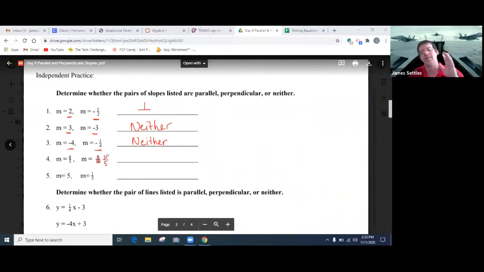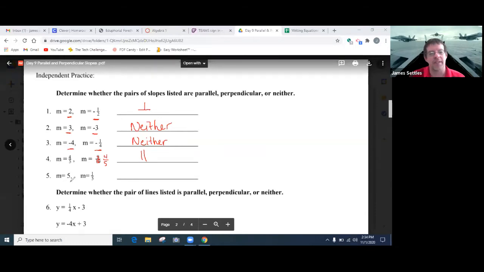They'll never, at least not in Algebra 1, try to trick you like they did on this question. They'll always put 4/5 and 4/5. So are these parallel? Yes, because they're the exact same. And so this is parallel. You just draw 2 lines that are parallel. It kind of looks like an 11, but you kind of make it a little bit longer than 11. So the lines are a little bit longer.